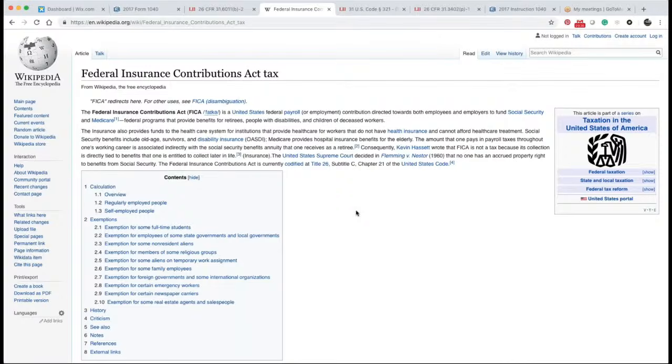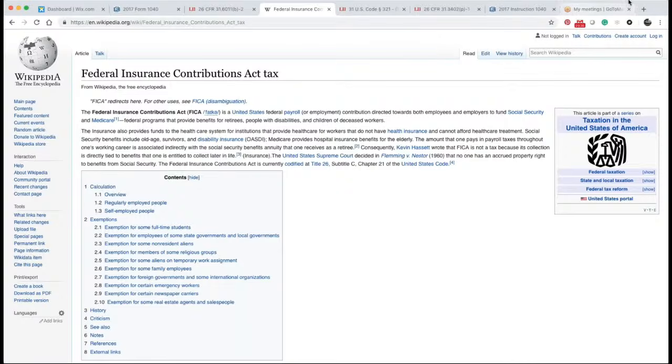So FICA is for retirement, people with disabilities, and children of deceased workers. Okay, so it's not just for retirement. You might know someone, or have someone in your home, that is disabled. And that's what that money is funding, right?